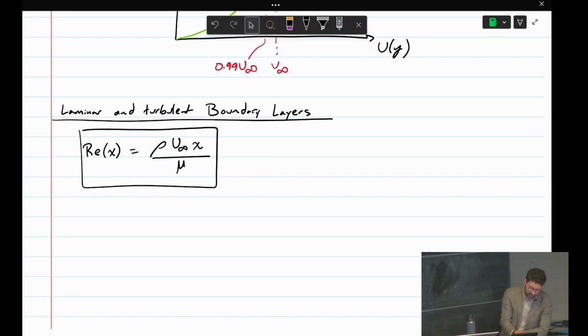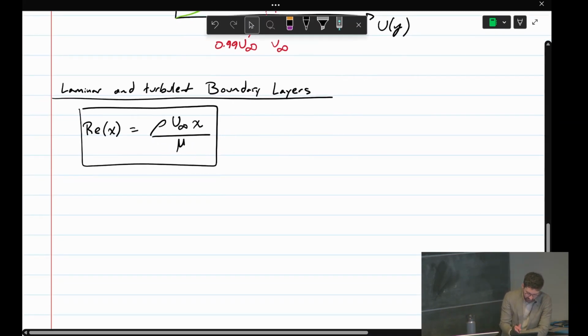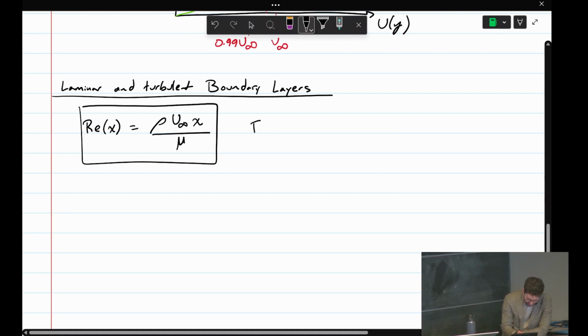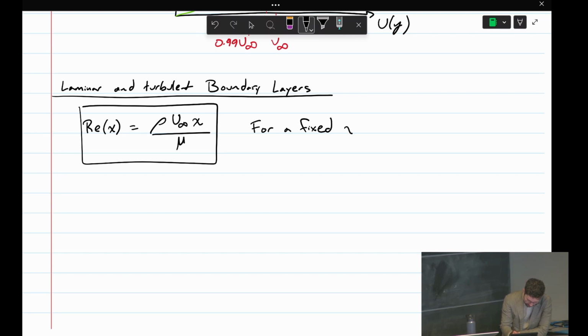So this is a non-dimensional quantity, and this relationship holds true. So for a fixed x location, higher Reynolds number means a thinner boundary layer.